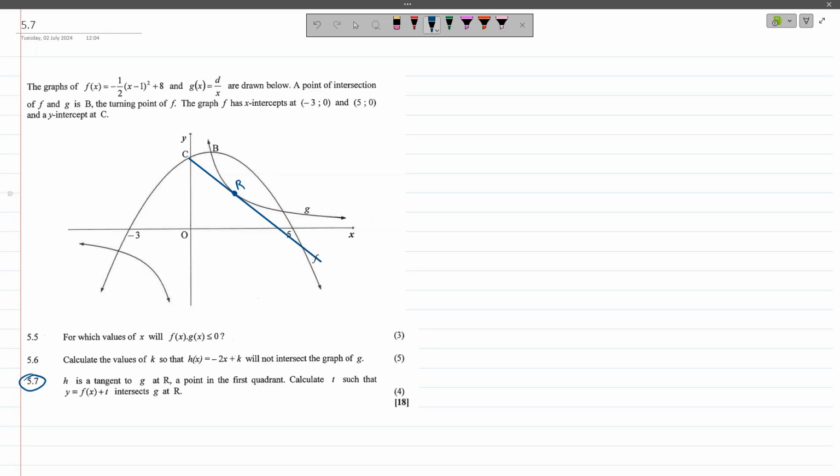First thing we're going to do is write the equation for h of x as h of x is equal to minus 2x plus 8, since h was already defined in the previous question, and if it's intersecting the first quadrant, that means it will be intersecting at that point where 8 will be the value somewhere over there.